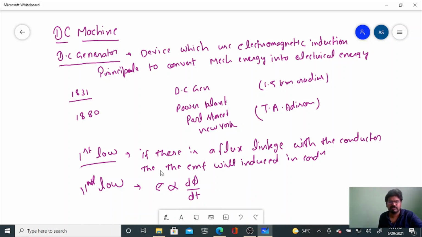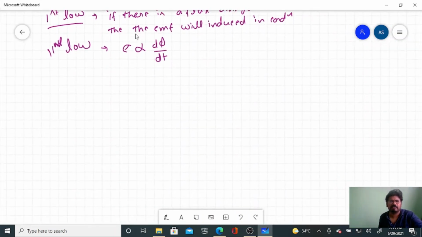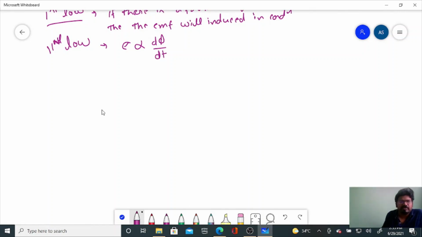So let's first discuss how many types of flux linkages there are. Here we have three general possibilities by which a flux links with a conductor.